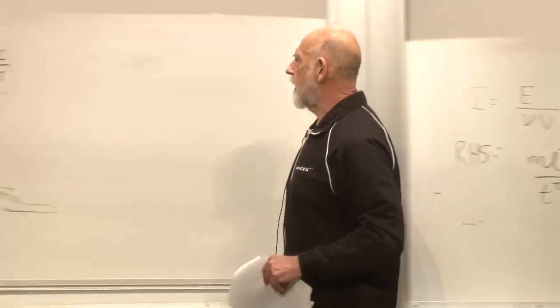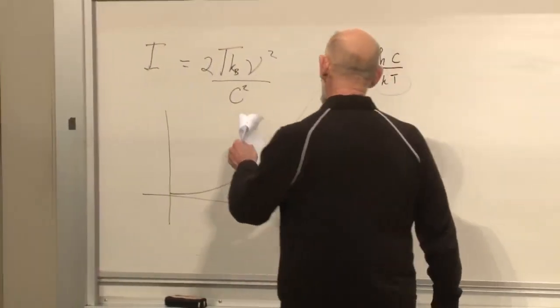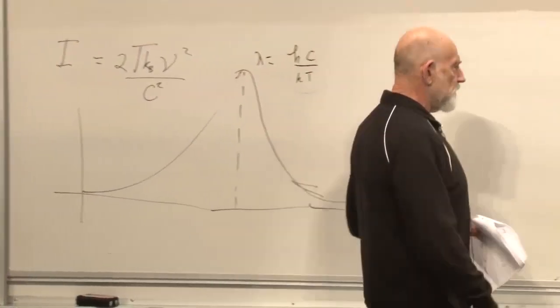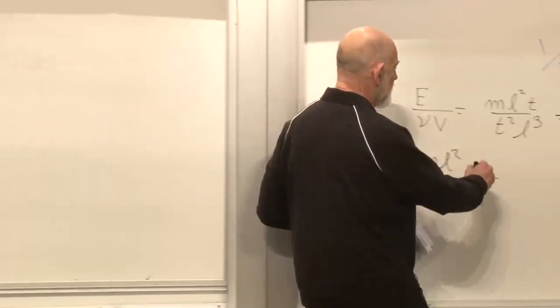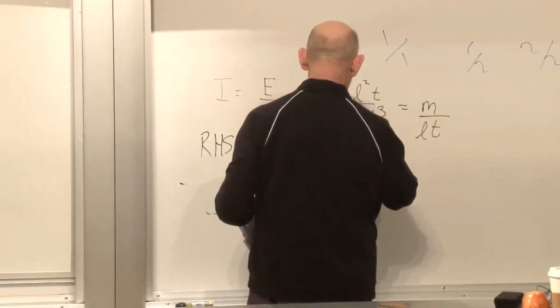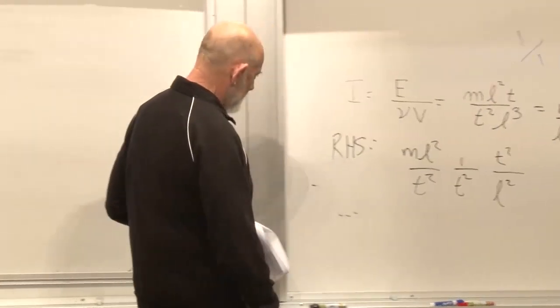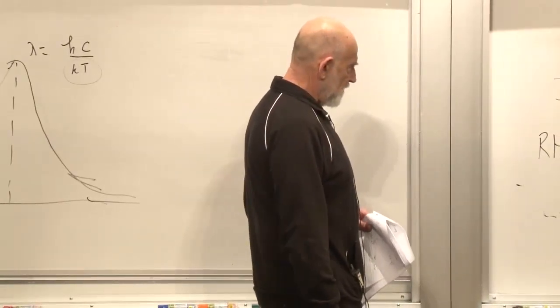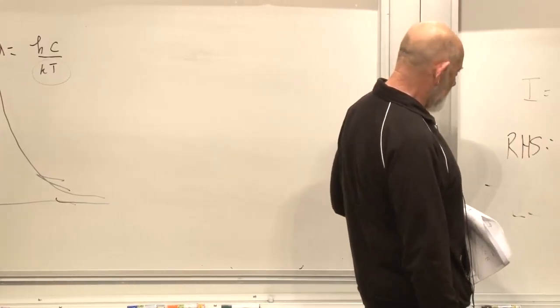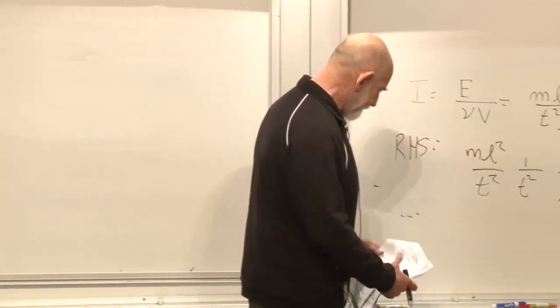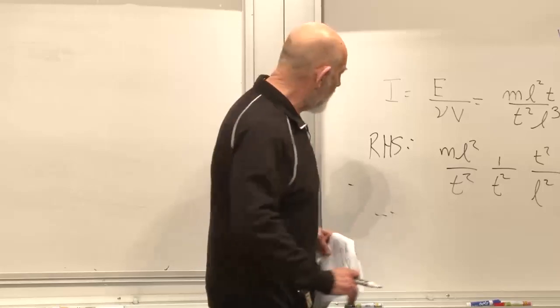This doesn't look like it's working out, does it? Oh, does it? Divided by c squared. C squared is length squared over time squared, so that's time squared over length squared. This doesn't look good, does it? What's going on? How much are we off by?